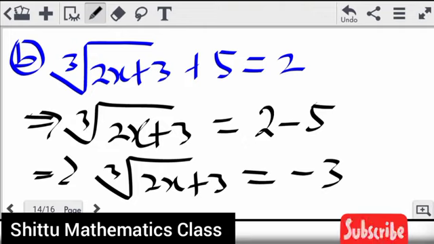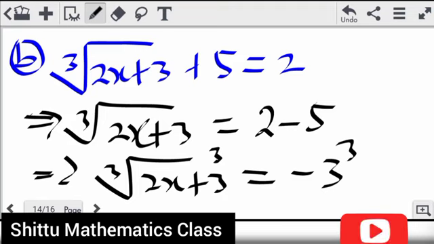Therefore we are going to use the cube, taking the cube of both sides, like this. If you take the cube of both sides, you can see that minus 3 to power 3 gives us a negative value, which is minus 27.